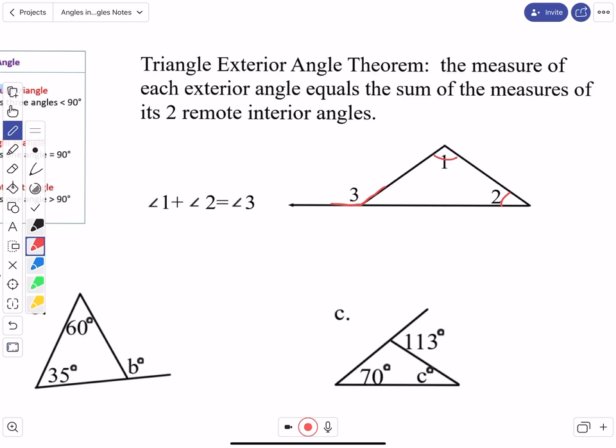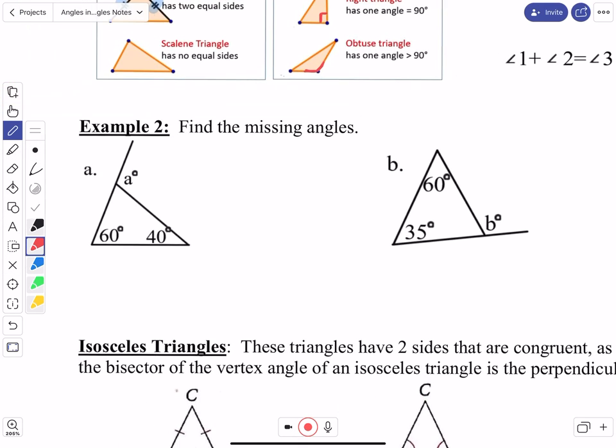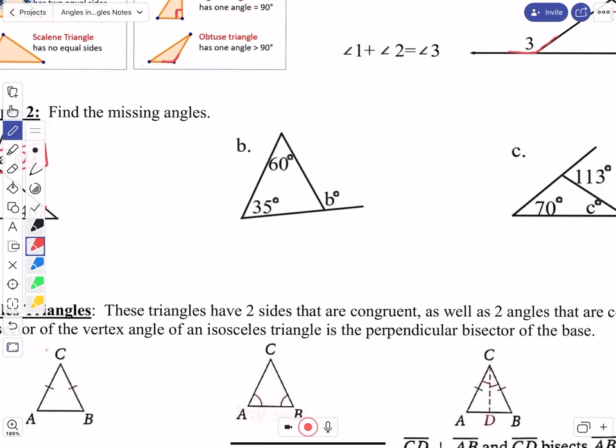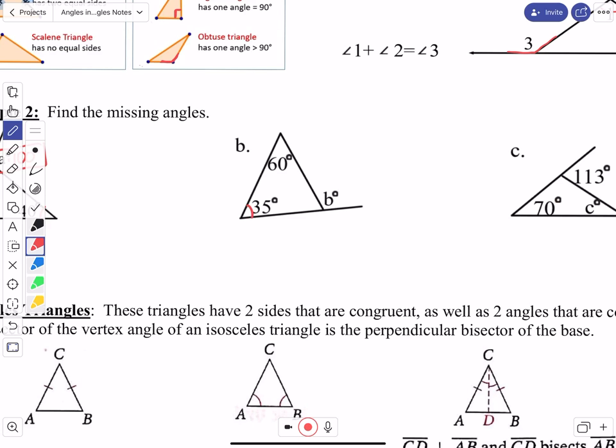Okay, so let's apply this theorem and find the missing angles. You would just add 60 plus 40 to give us A. So 60 plus 40 is 100 degrees. For B, you would add 35 plus 60, which would be 95 degrees, which is our B.